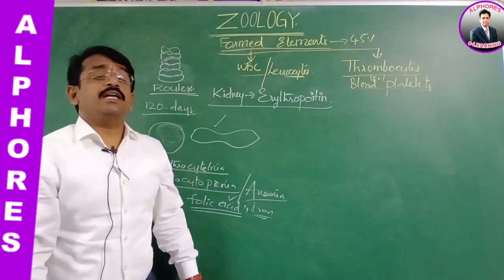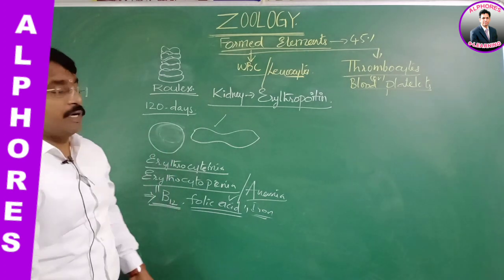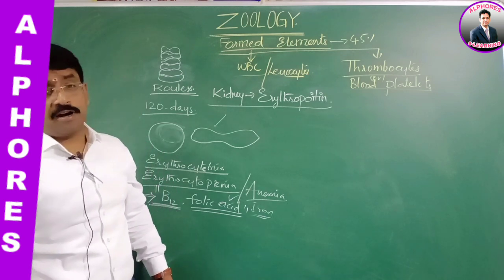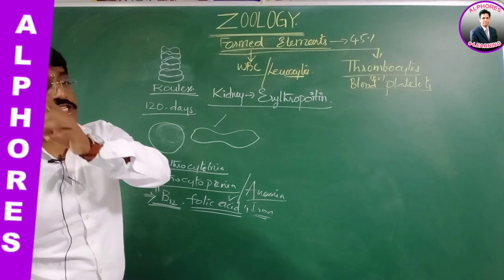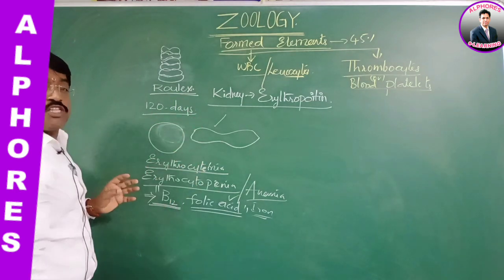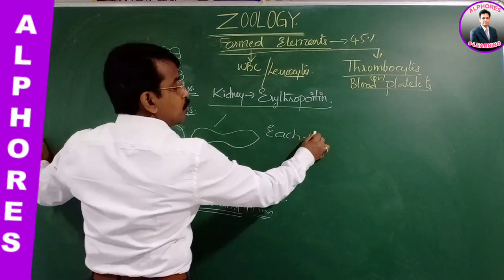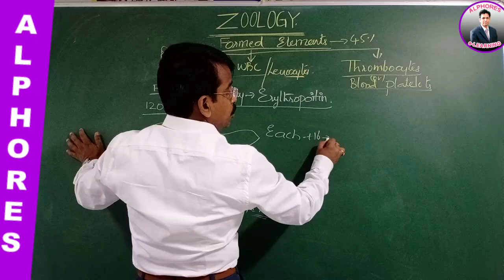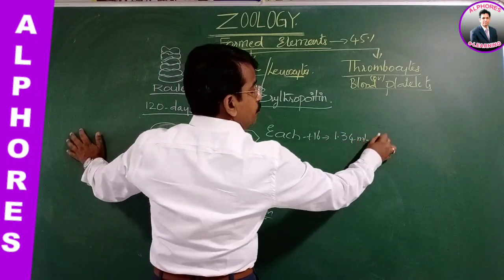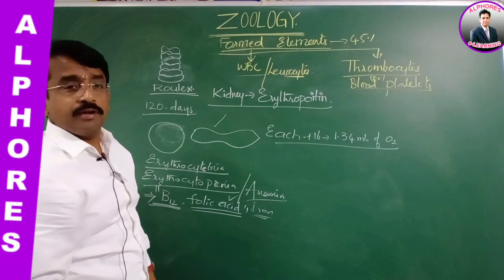We discussed that on average each individual has 12 to 16 grams of hemoglobin per 100 ml of blood. And each gram of hemoglobin, this calculation we already discussed, carries 1.34 ml of oxygen.